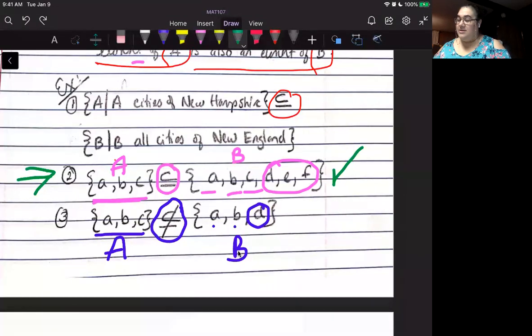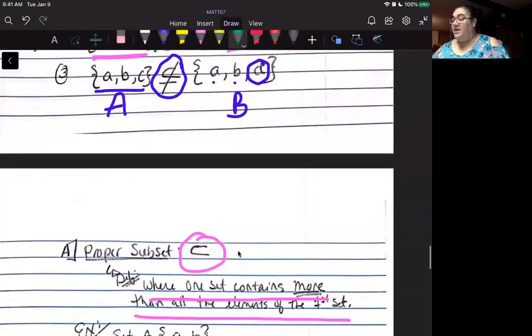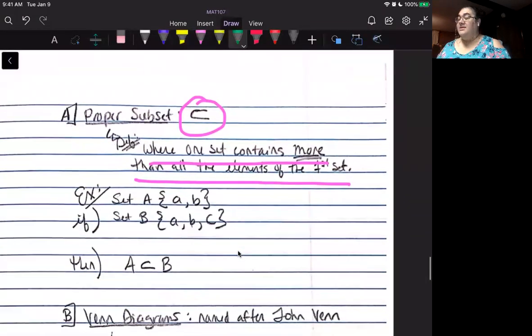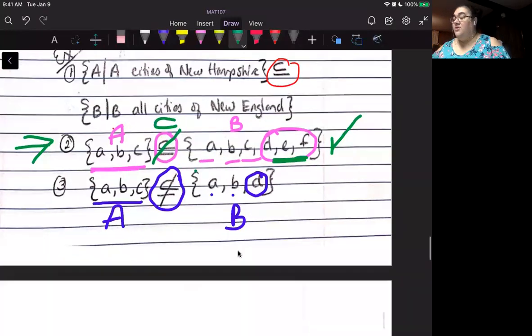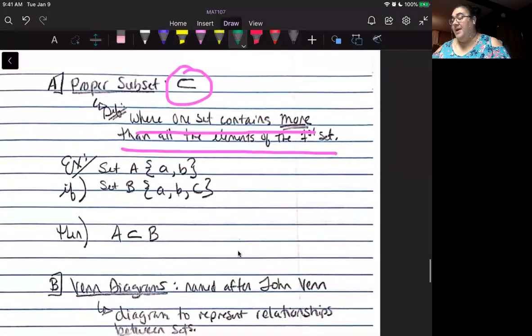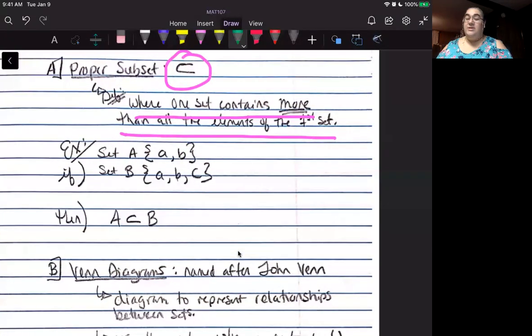We could have crossed that out instead and just used this, which means proper subset. And we could have said A is a proper subset of B because the definition is where one set contains more than all the elements of the first. And you'll notice that B does contain more than all the elements of the first. But like I said, I'm not sure that's a differentiation that's important for us to make, but it is the case. As you can see here in the example, I gave you another example of it.